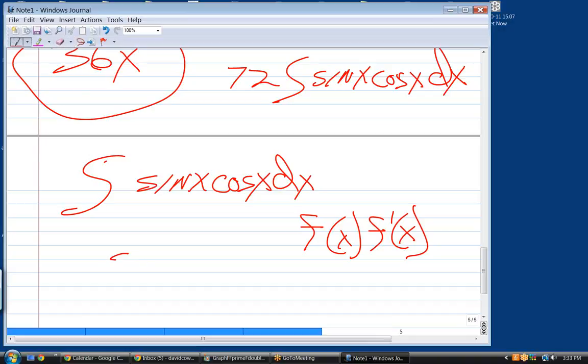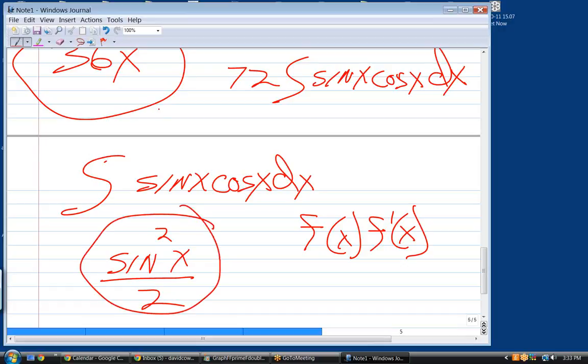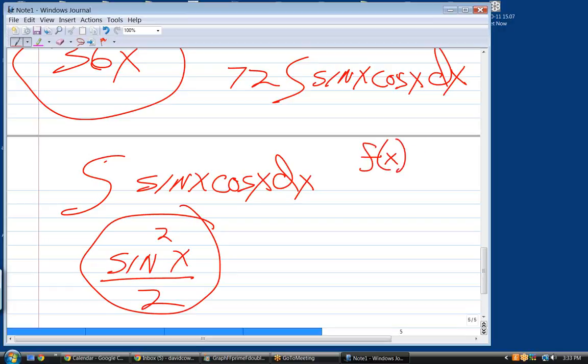In other words, I can now say that that is sine squared of x divided by 2, and that's actually the antiderivative of that. Notice why. I don't want to really erase that, because that's what we're looking for, is f of x times f prime of x. Whenever they're next to one another, you can use the power rule on that.